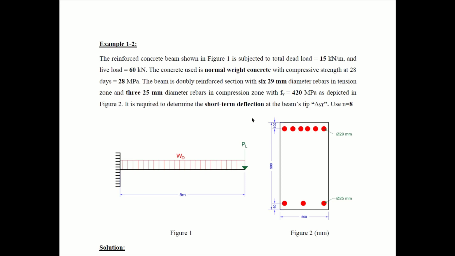So we need to determine delta dead plus live, and then to determine delta dead, and then we subtract these two terms to determine delta short term. Here we are going to use a modular ratio n, which is the ratio between the elasticity modulus of steel to the elasticity modulus of concrete, n will be equal here to 8.